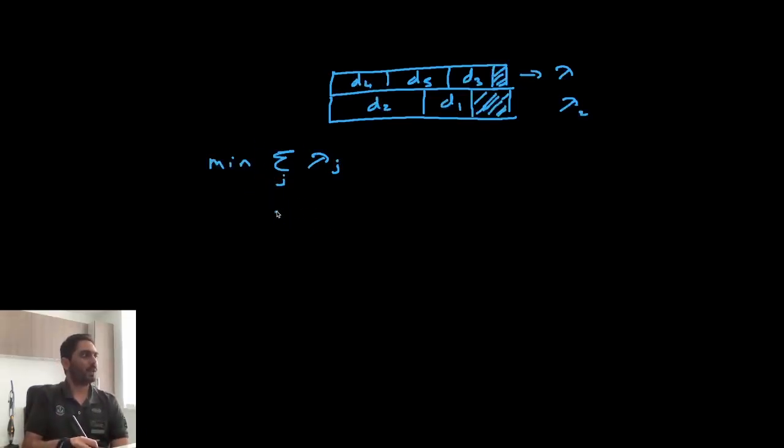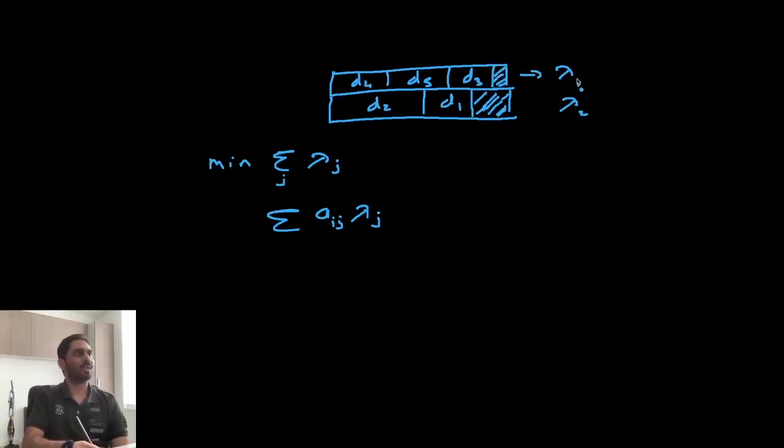And my constraints are pretty simple. Each item has to be packed exactly once. So let's say I have this pattern lambda j, and I want to know whether item i is packed in it or not. I have these well-known coefficients, a ij, that denote whether item i is present in this pattern or not.